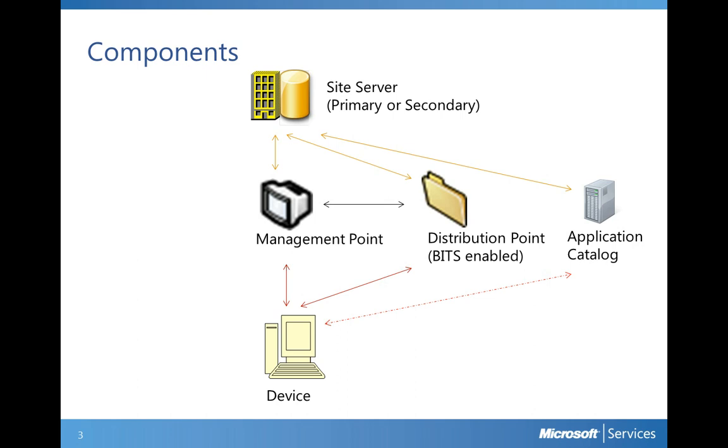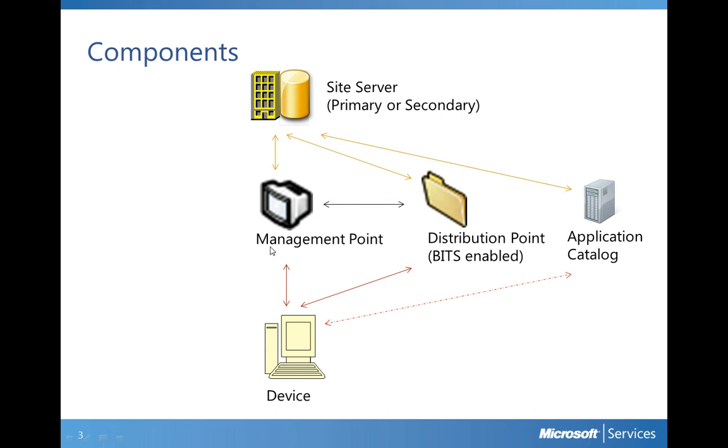The management point is a conduit. It is the access point for the client to learn about what to do. But the management point itself is just a gateway. So when the client queries against the management point, it actually will look up information in the database to respond to that device's request.